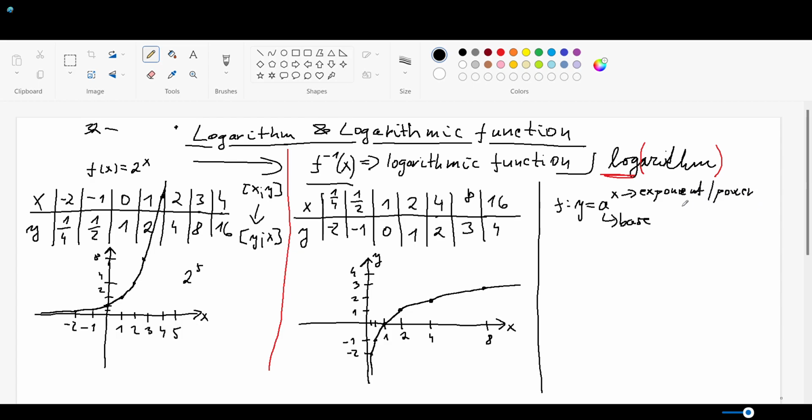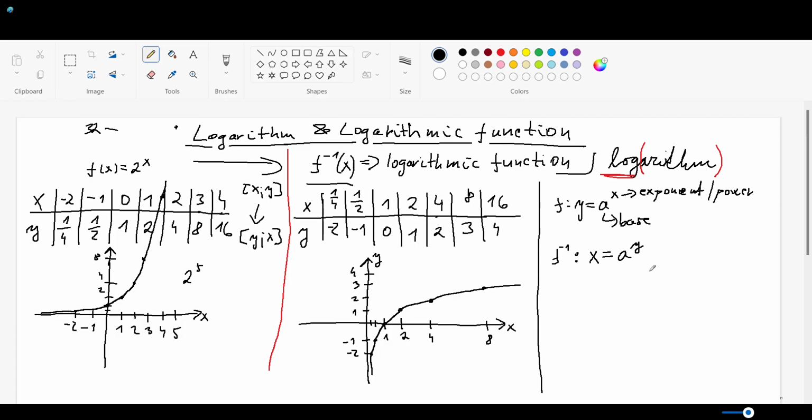Sometimes you will hear that this is also called the index. If we want to define the inverse function, the procedure we do is that we change x and y in our equation, so it will become x equals a to the power of y.